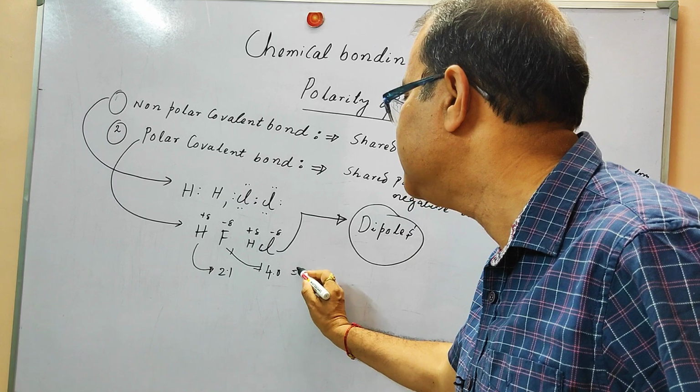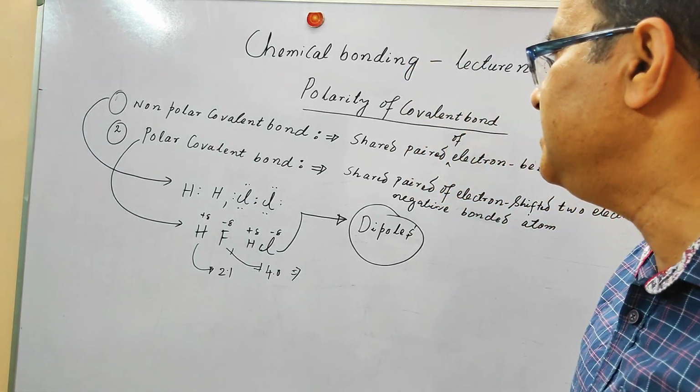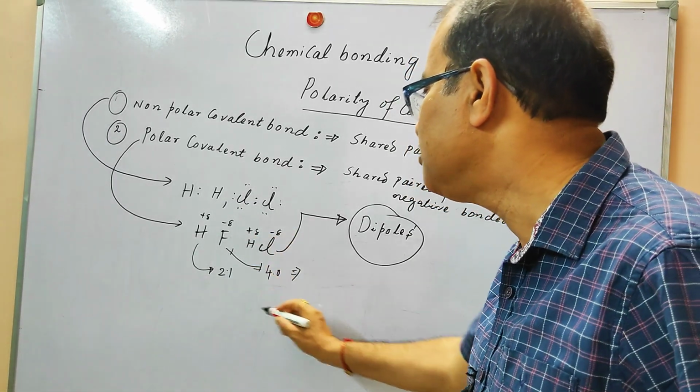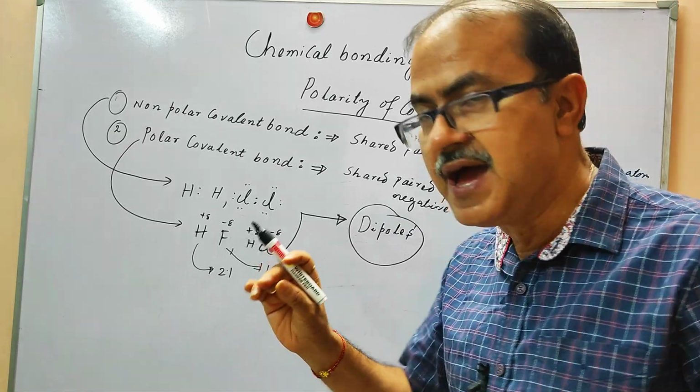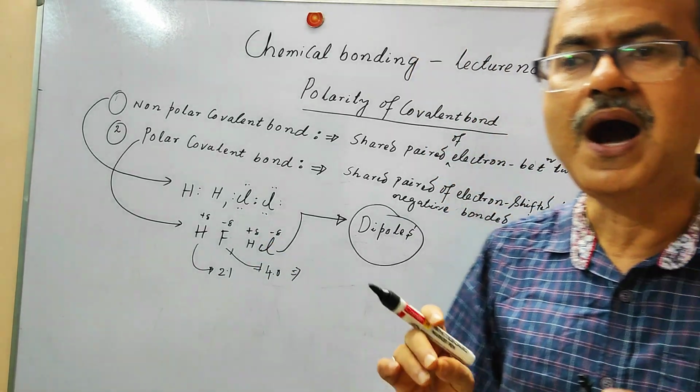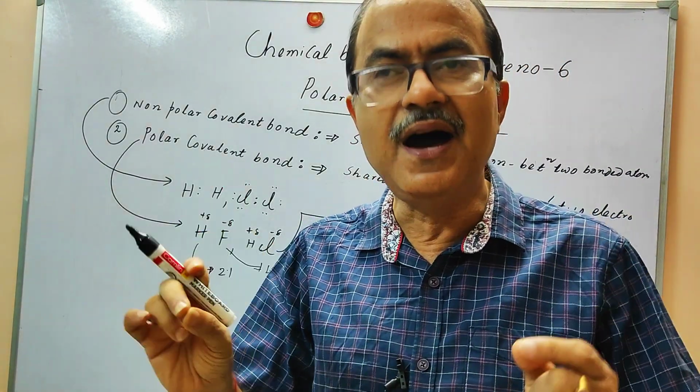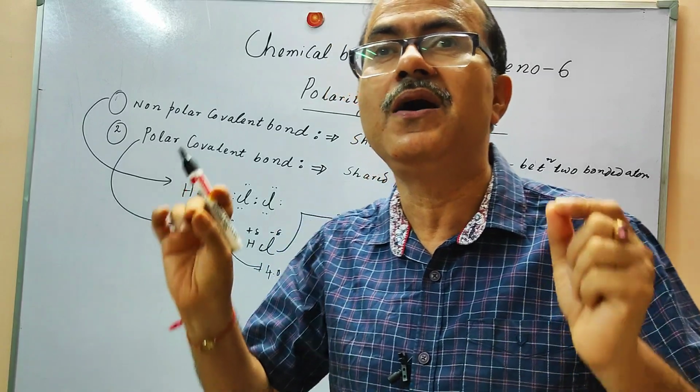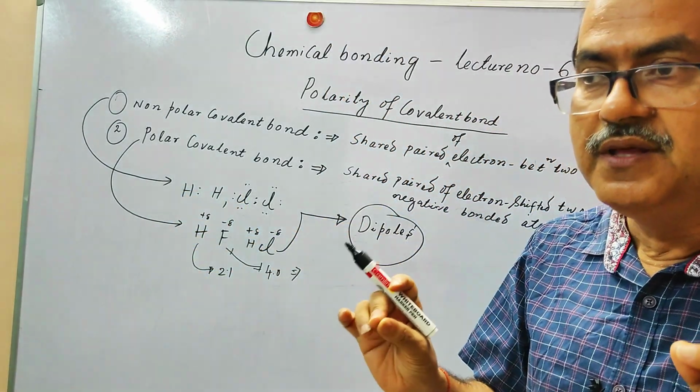So in that case you can see there is a difference of electronegativity, and the higher the difference in electronegativity, the higher will be the polarity of the covalent bond.